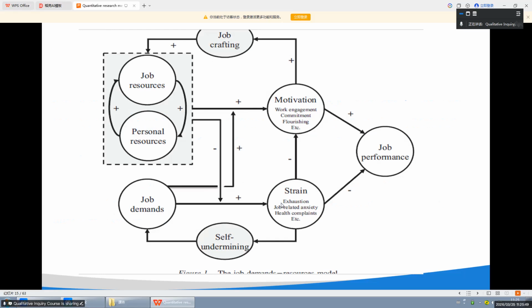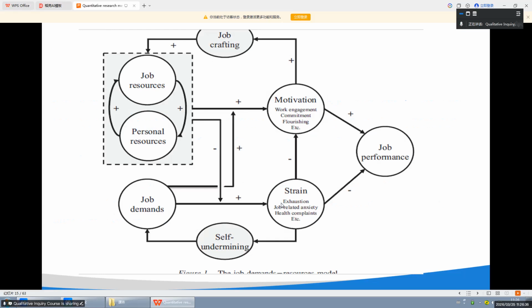You may cause extra problems when you feel burnout. For example, you may feel irritable because of your health problems. So these negative emotions, feelings, and behaviors will in turn cause more demands for you, through self-undermining behaviors.